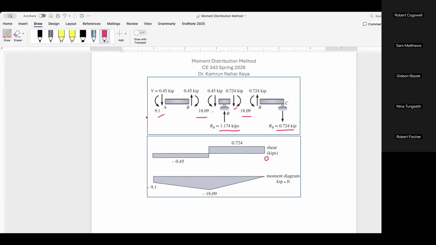Moment will be, you start from the external moment you have, and then the area of that shear force, consider that one. Then also it's minus, but here at the end, for this positive shear area, it will come to 0. Make sense?